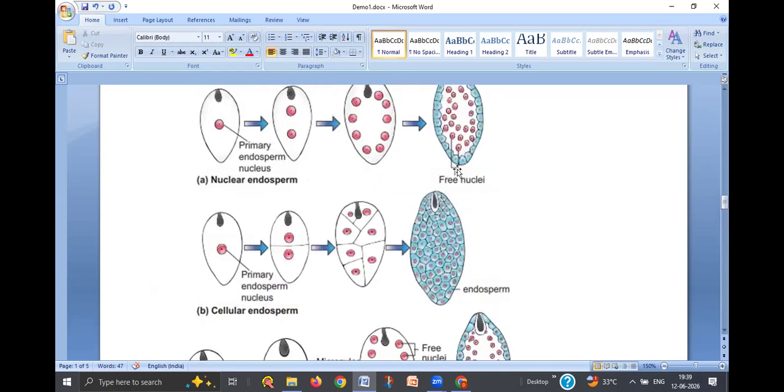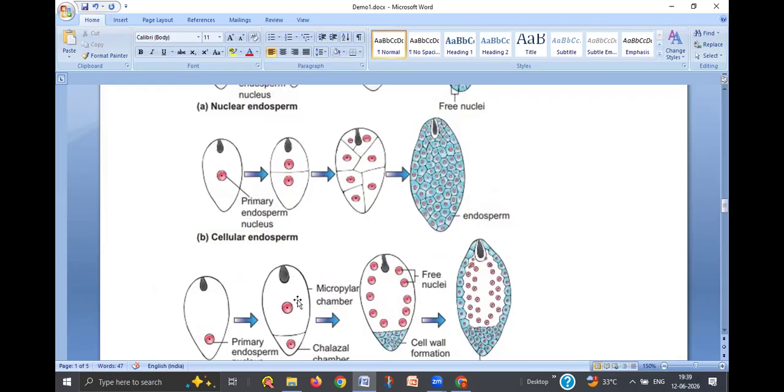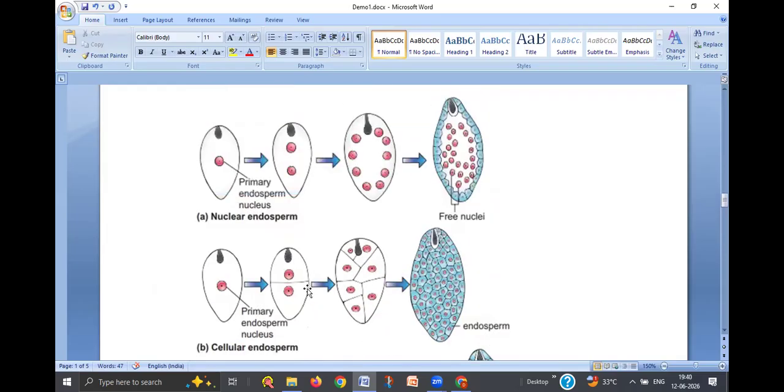You should know the differences between nuclear, cellular, and helobial. Helobial endosperm is the intermediate form between the nuclear endosperm and cellular endosperm. In the nuclear endosperm, initially the primary endosperm nucleus, also called PEN, divides.